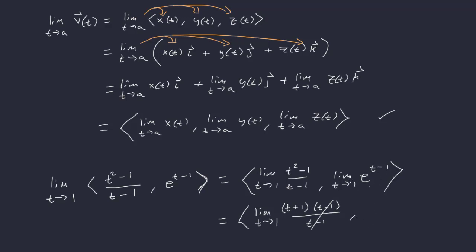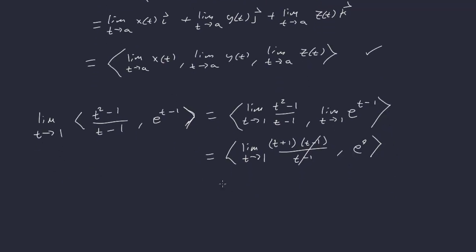And here we can just plug in the 1 because e to the 0 is just 1. All right, and then we're going to get now the limit as t goes to 1 of t plus 1, comma 1. And when we plug in the 1 now, we just get the vector 2, 1.